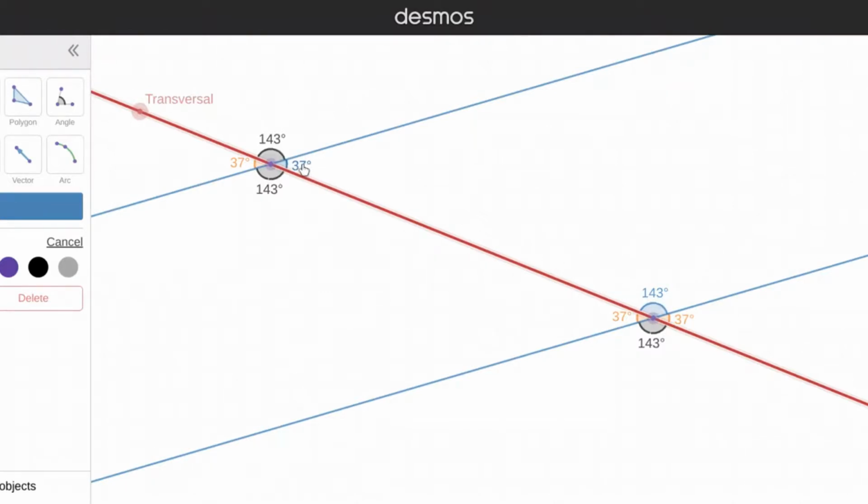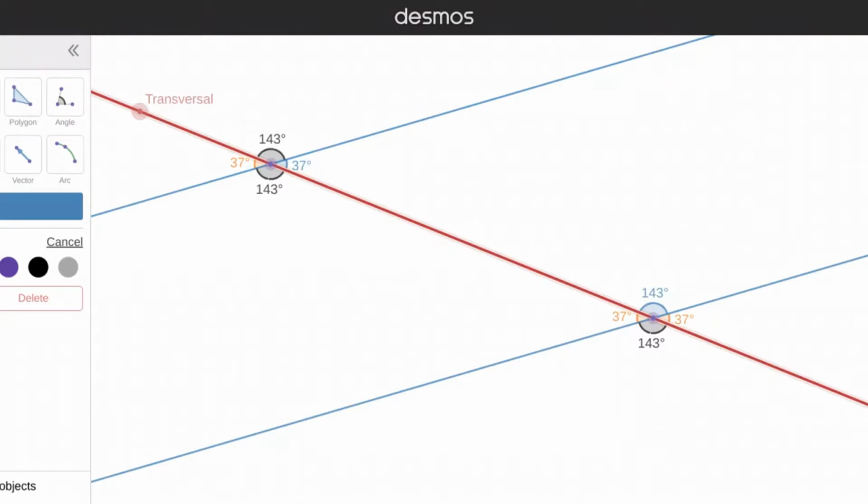What do you notice about the consecutive interior angles? They add up to be 180 degrees. Same thing on the other side, consecutive interior. Same thing, they add up to be 180. What about consecutive exterior? Consecutive exterior angles also add up to be 180 degrees.